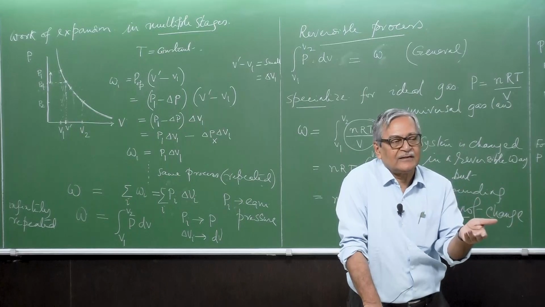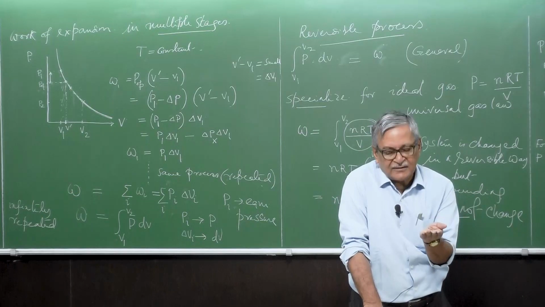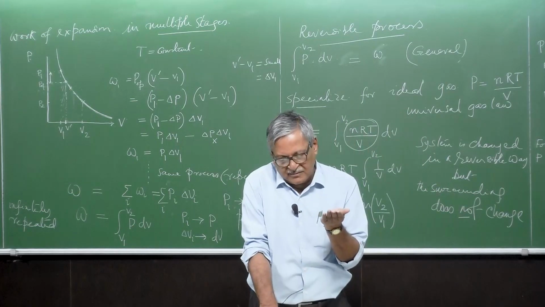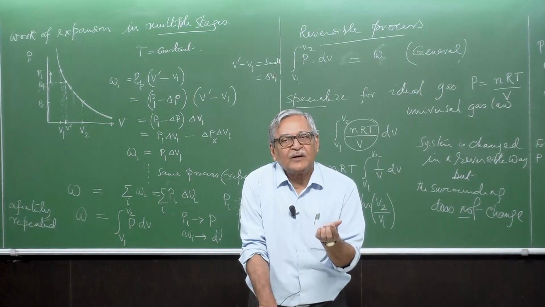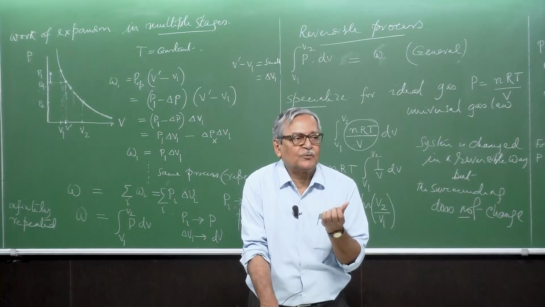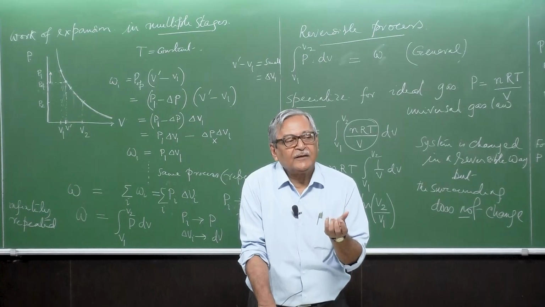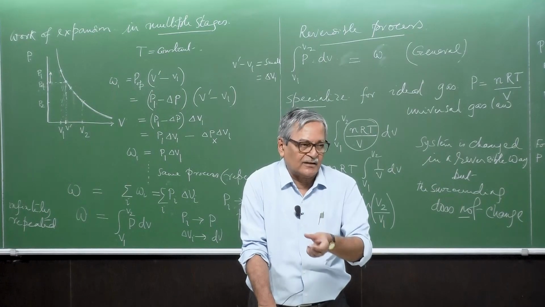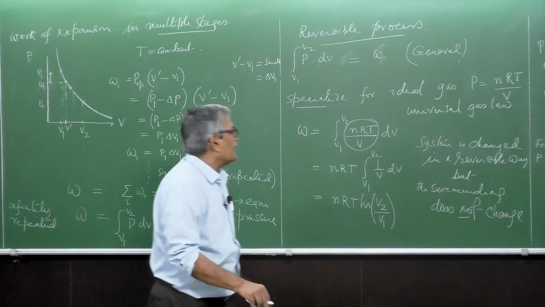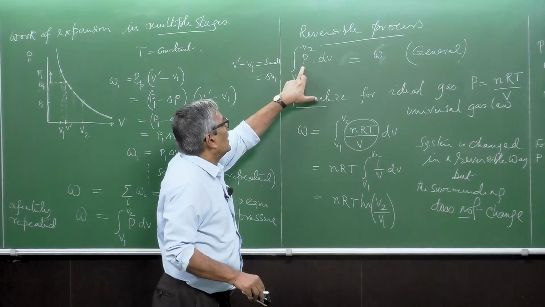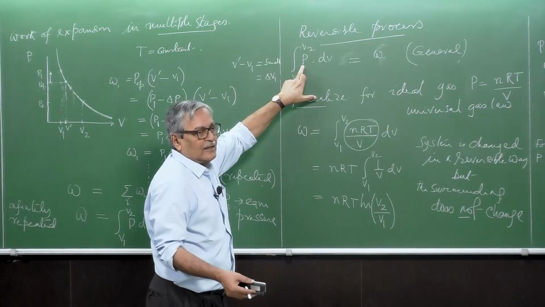So whether these small changes can be related to some mathematically stringent terms, whether small quantities can be treated as differentials, and under what condition any small quantity can be treated as a differential of a function, I will talk about that, because we have seen that for reversible condition I need to have a differential dV when P is a function of volume.